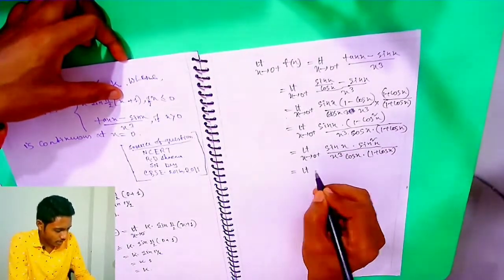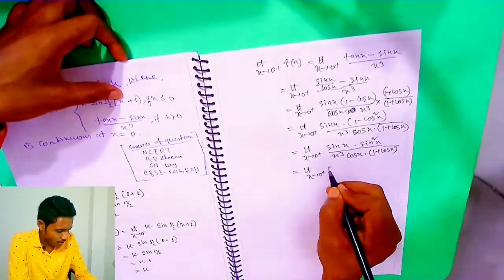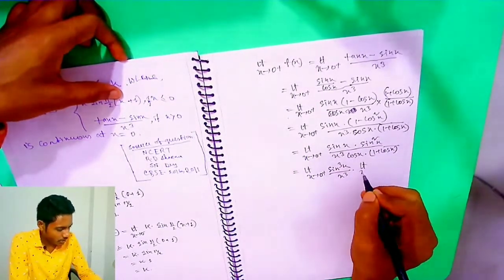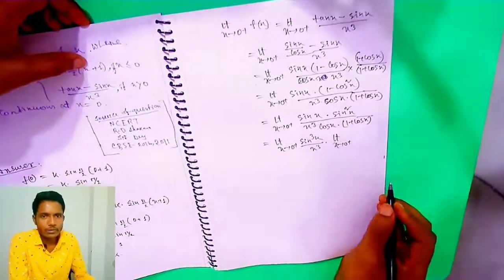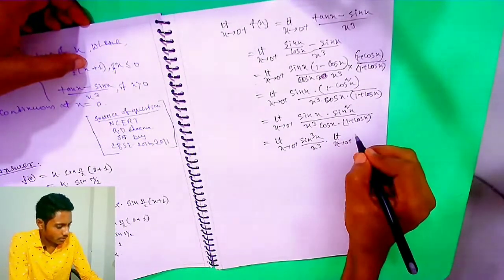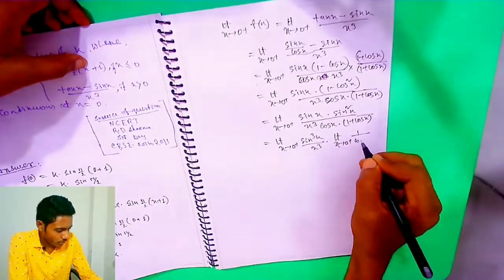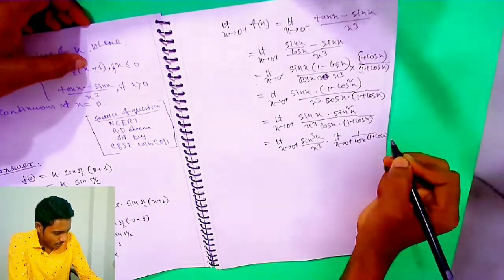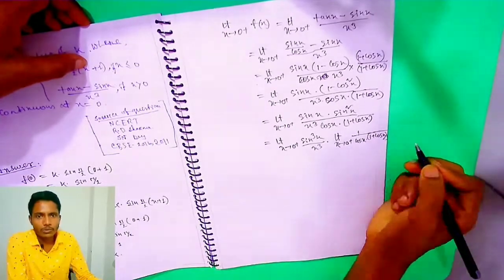Is equal to limit x tends to 0 plus sin cube x divided by x cube, into limit x tends to 0 plus 1 by cos x into (1 plus cos x), right?